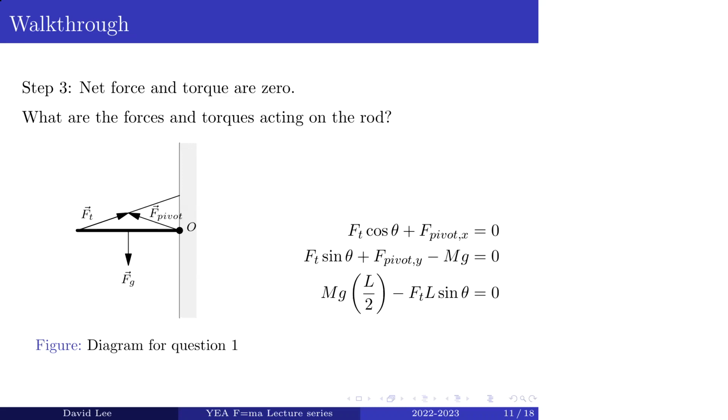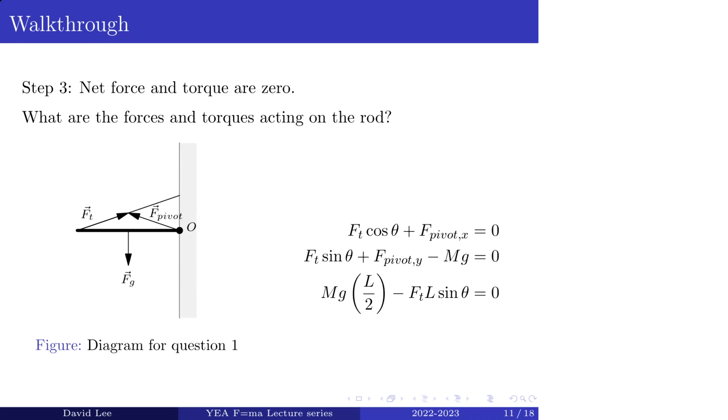So if you notice now, we know what theta is, we know what m is, we know what L is. So there's only three unknowns left. And these three are, of course, the tension force, the X component of the pivot force, and the Y component of the pivot force.